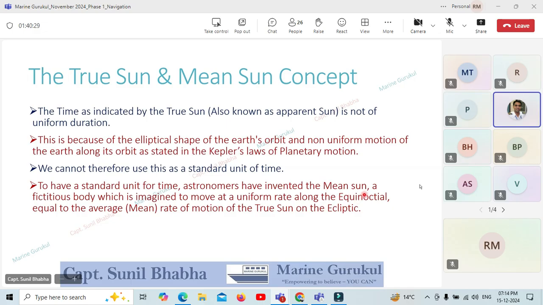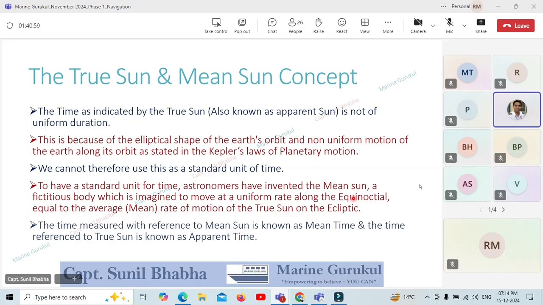So using this body, mean sun, we took care of both the problems which the true sun had. One, the motion was non-uniform, so mean sun is assumed to move at an average speed or the mean speed of the sun. And secondly, the true sun was moving on the ecliptic, inclined at an angle of approximately 23.5 degrees to the equinoctial, whereas the mean sun we assumed moved on the equinoctial.